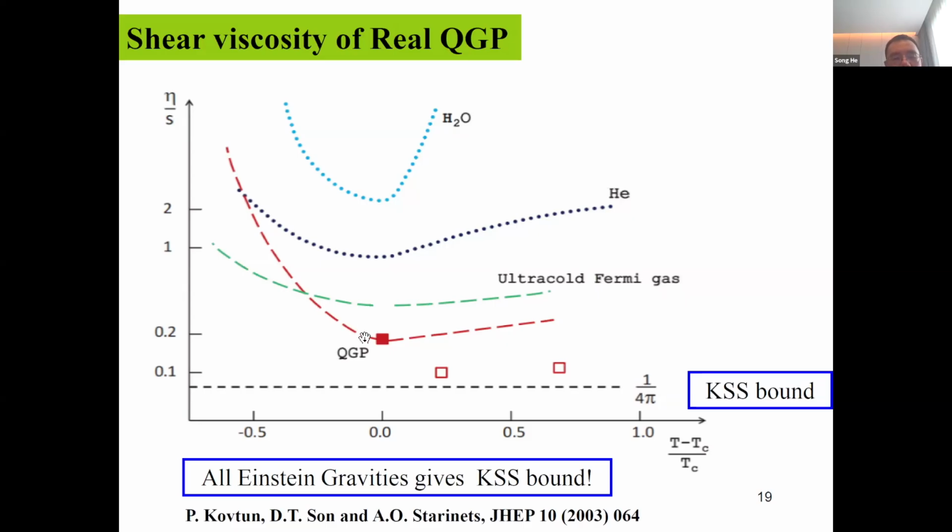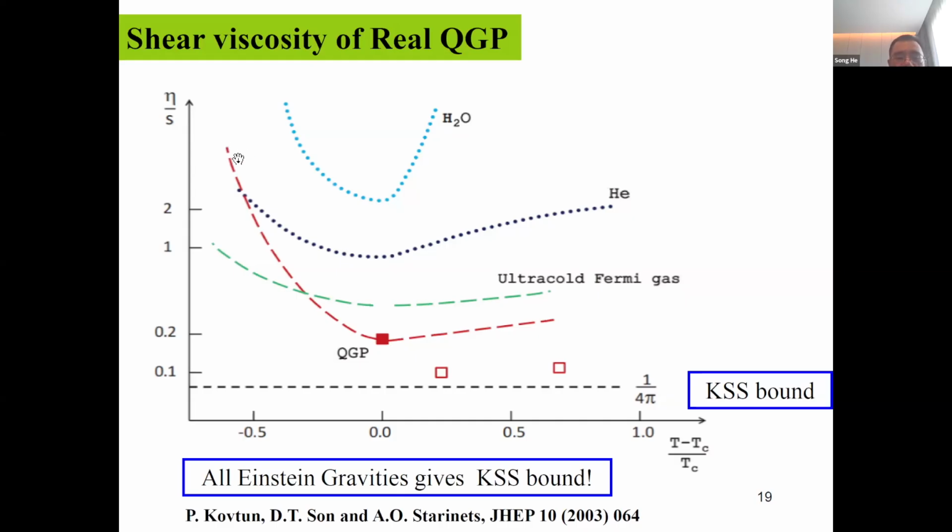So there is a highly non-trivial contradiction, because our model tells you that the QGP shear viscosity is just a constant ratio of shear viscosity to entropy density, 1 over 4 pi. This is the so-called famous KSS bound in the holography literature. It was offered by Son and his collaborators.